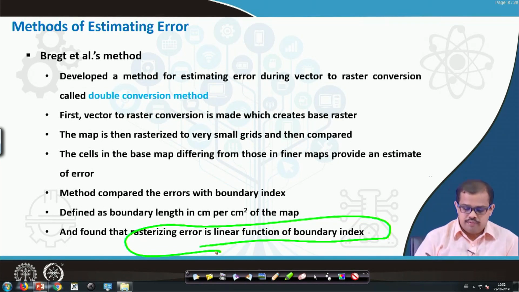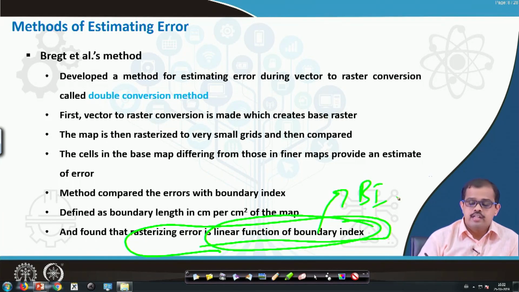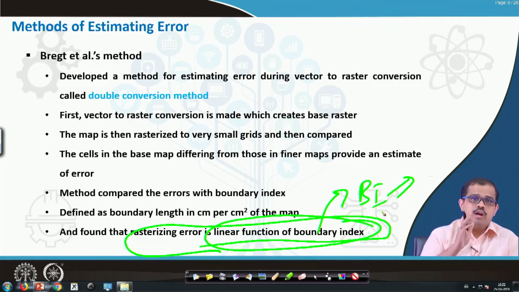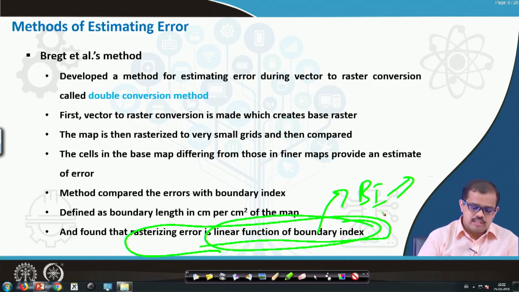So, if you understand what a linear function of the boundary index is, how do you find the boundary index? If you calculate a linear function of this and substitute the values that exist with each of the vector conversions, you will be able to find out how to estimate an error between the thin lines of a base raster and vector to raster converted data. Okay. So, this is one method.